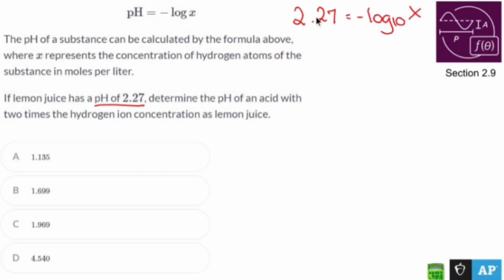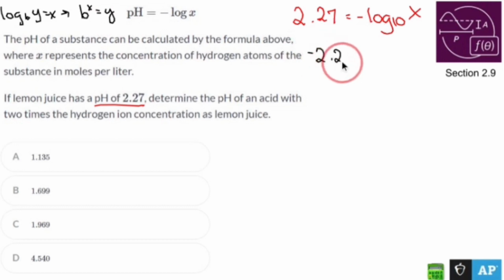What I want to do is write that out in exponential form. The way you write something in exponential form is if I give you log base b of y equals x, you can write that as b to the x equals y. First off, that negative is bothering me, so let's multiply both sides by negative.